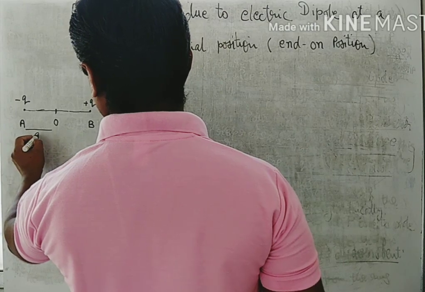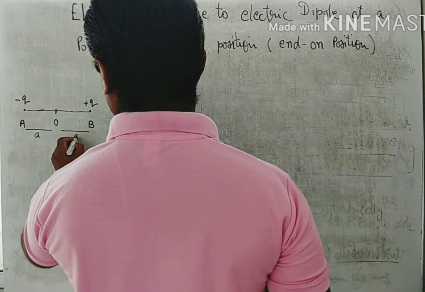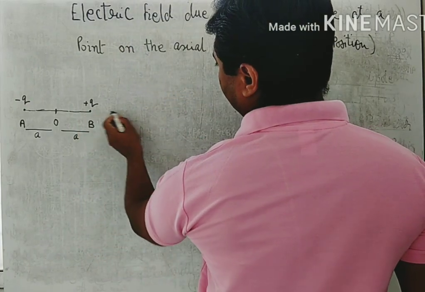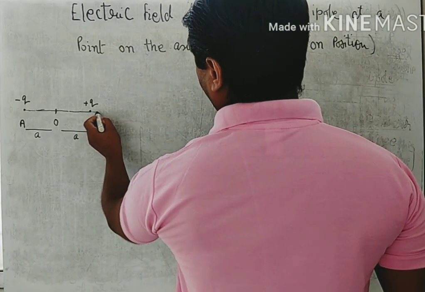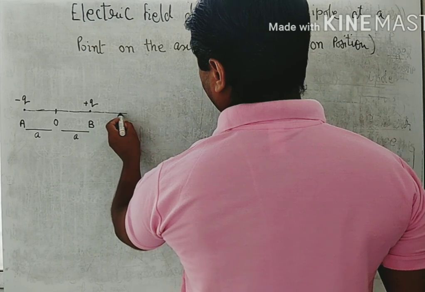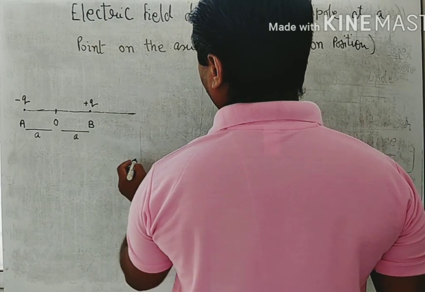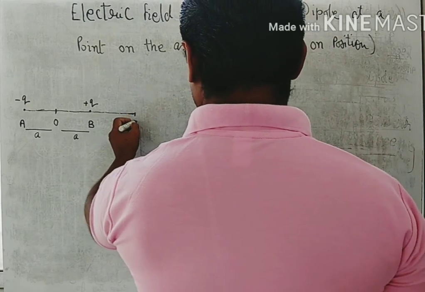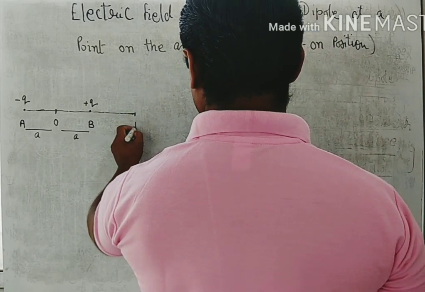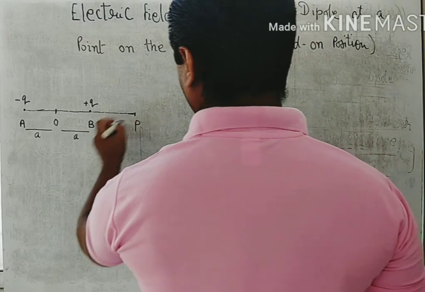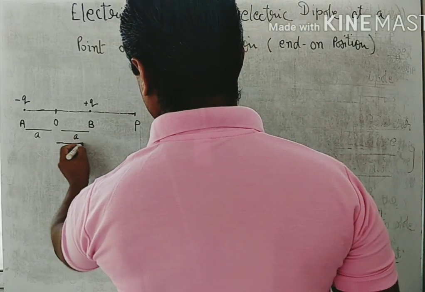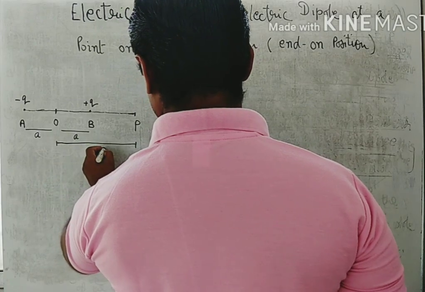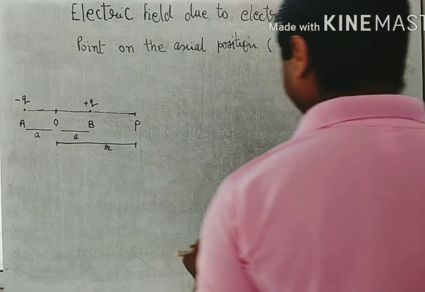So this length will be A and this will be A, half of the dipole length. Now on the axial position of it, from certain distance from the mid of this dipole, we are assuming a test point, and that test point that we are taking now is say P, and its distance from the mid of the dipole is being taken to be small r.